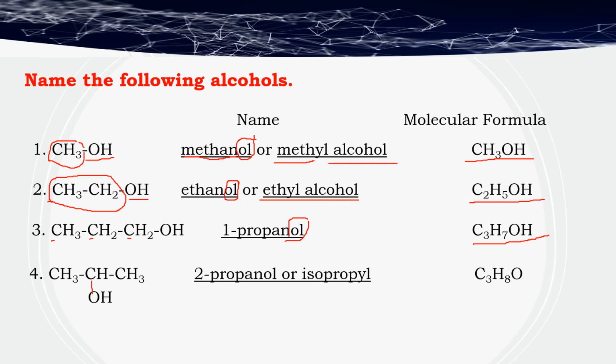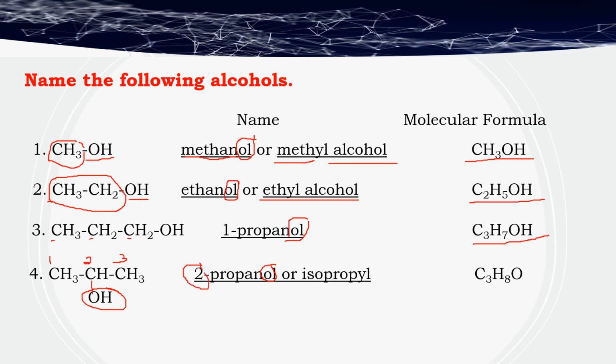We have propane, because there are three carbon atoms. Propane, we replace the E at the end, so we add OL at the end. So it becomes propanol. Where is our hydroxyl group connected? It is on the second carbon atom. 1, 2, and 3. So it is on the second carbon atom, so we put number 2.